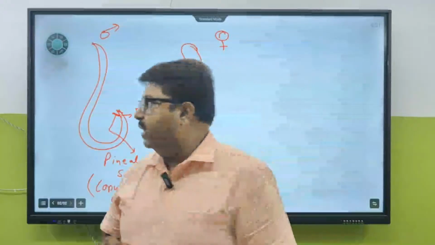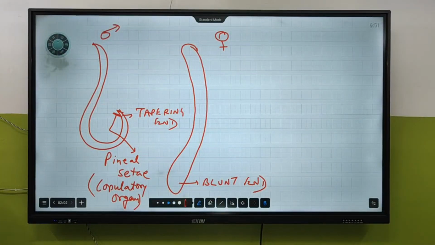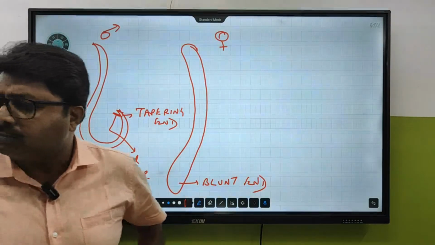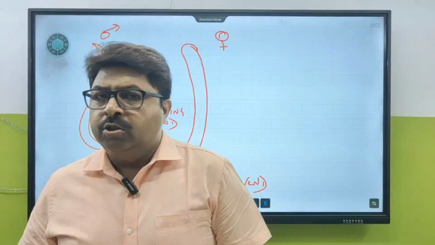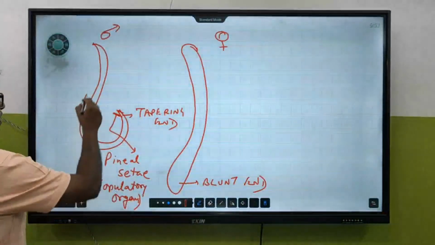They show internal fertilization. Any issues with this? Is it clear?